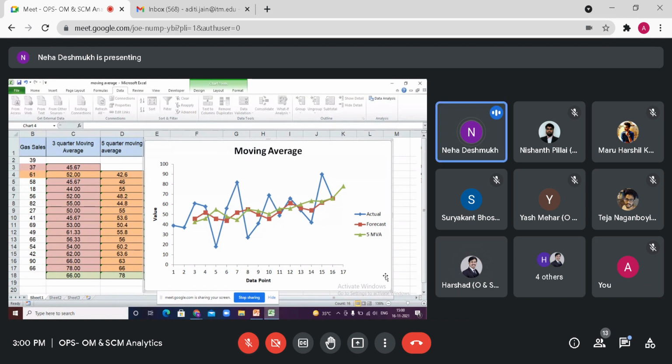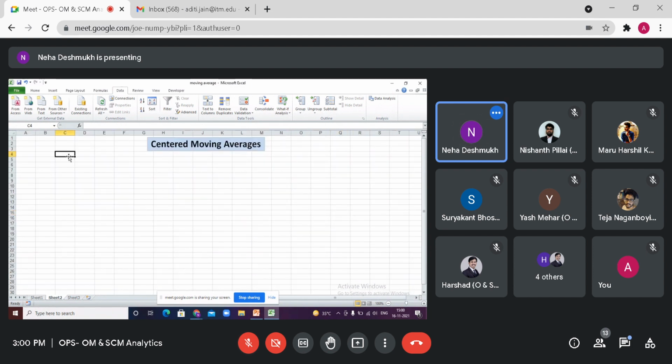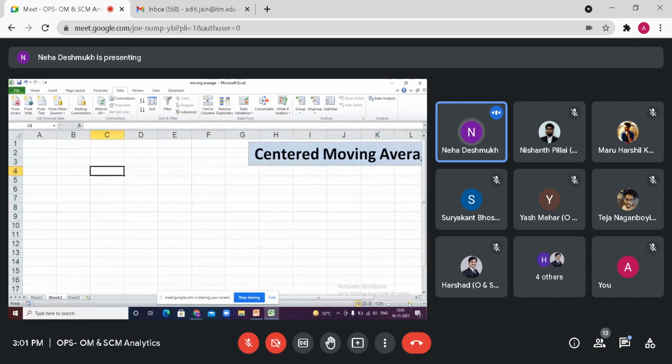Yes, ma'am. So this is one of the smoothing techniques, the moving average. The next is the centered moving average. In centered moving average, we calculate moving averages of sequential data, and from those we calculate the centered moving average.